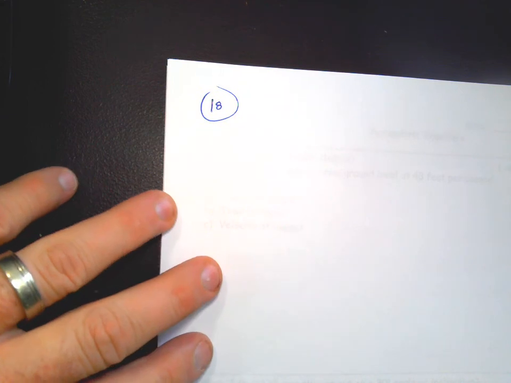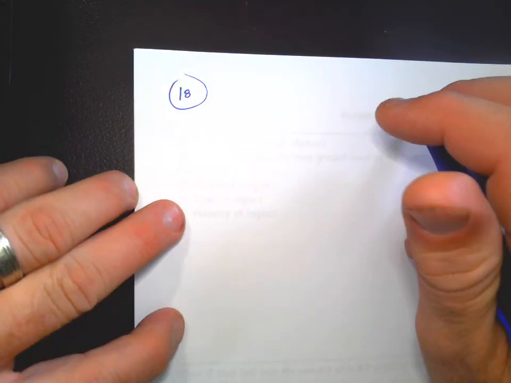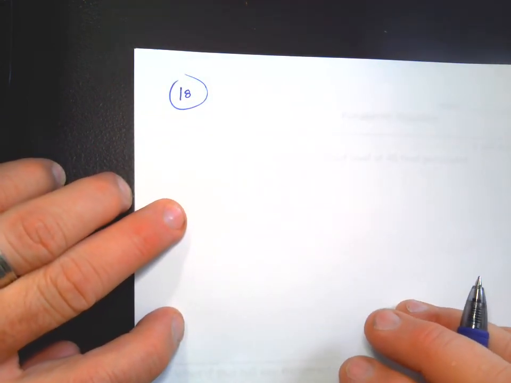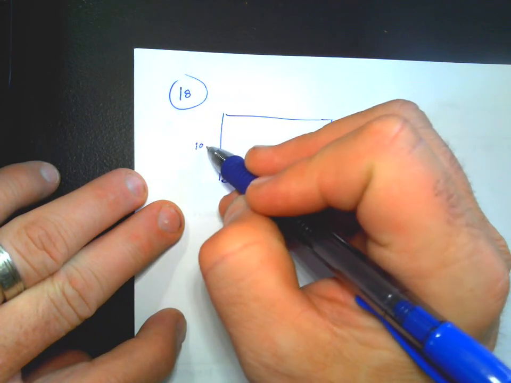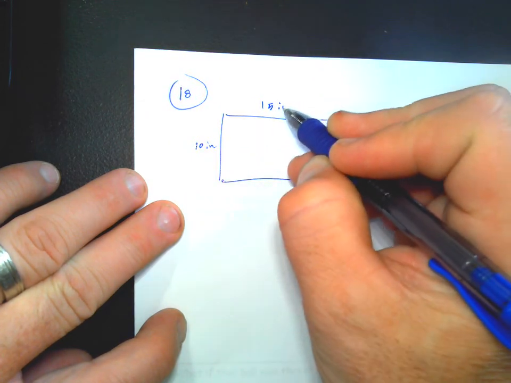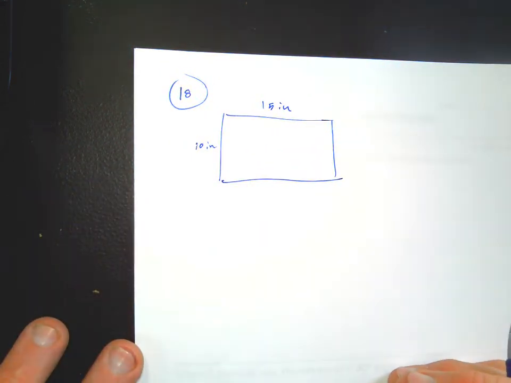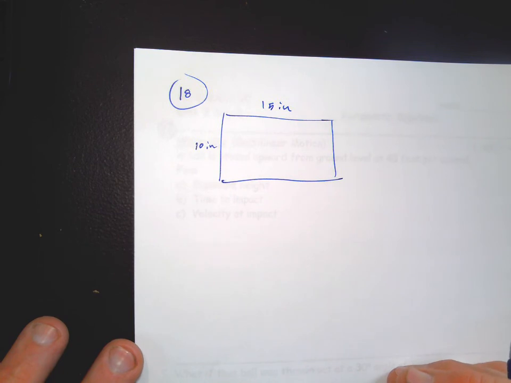18's a little review problem from previous assignments. So a piece of cardboard measures 10 by 15 inches. Two equal squares are removed from the corners of a 10-inch side.